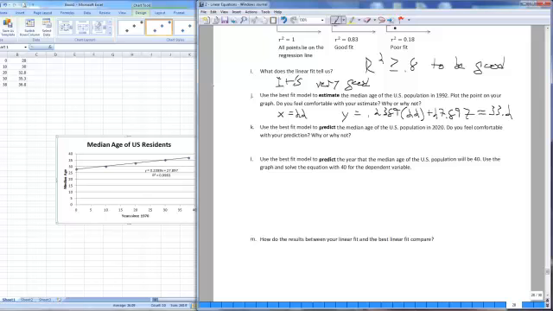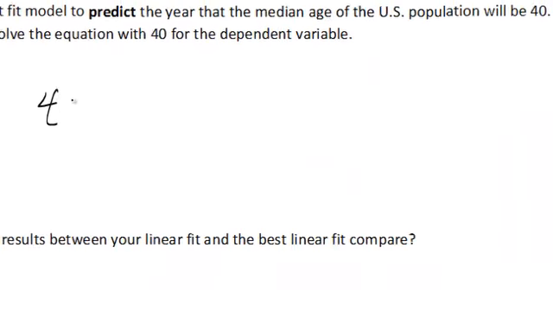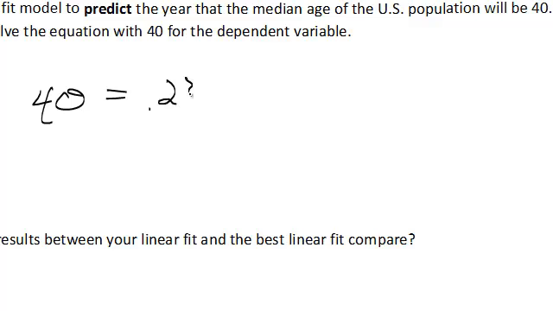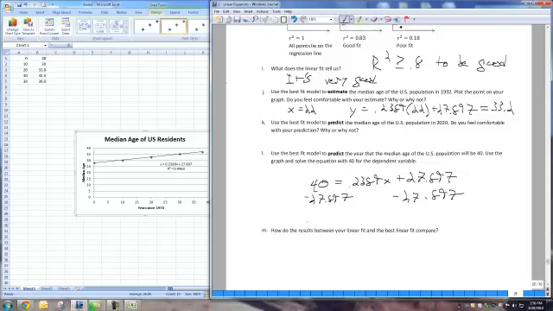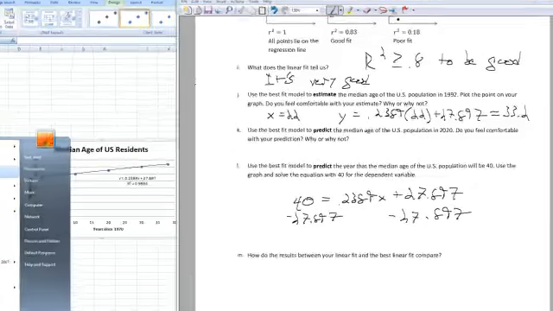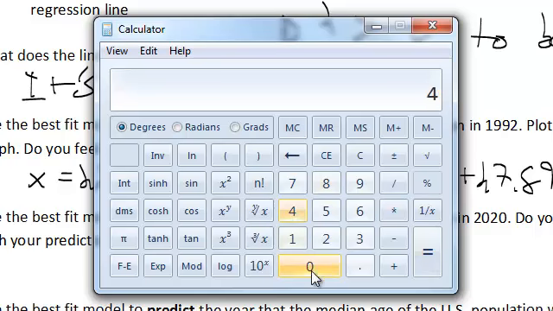Well, let's set this equation equal to 40. 0.2389x plus 27.897. Let's subtract 27.897. So let's go to our calculator. 40 minus 27.897 equals 12.103, and then I'm going to divide it by 0.2389.